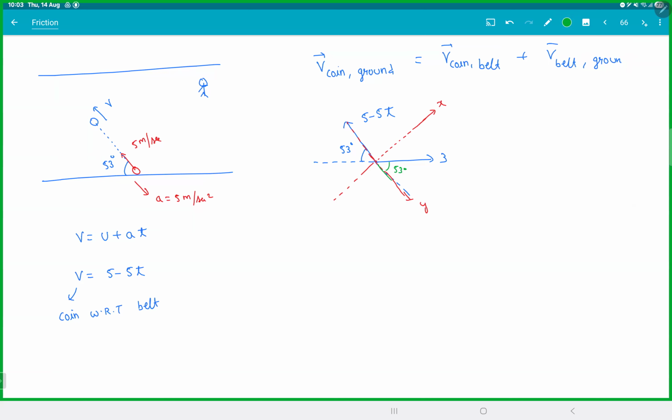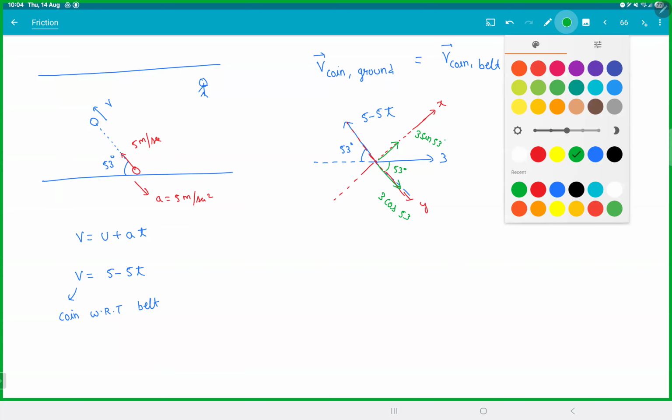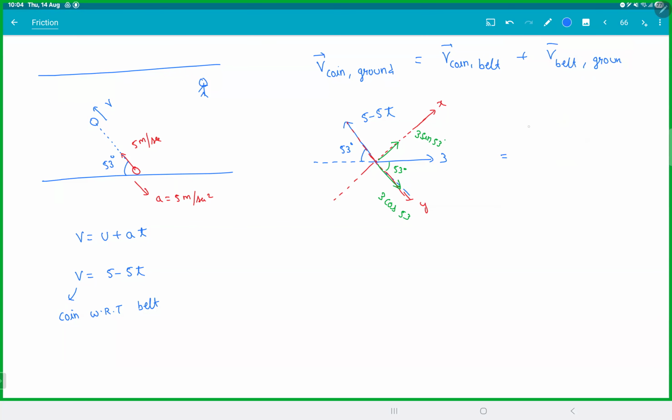So this component will be 3 cos 53, and this will be 3 sin 53. That means don't touch that 5 minus 5t. So this resultant will be in this direction. It will be 5 minus 5t. In this direction, it is 3 cos 53. Cos 53 is how much? 3 by 5. And this direction is 3 sin 53.